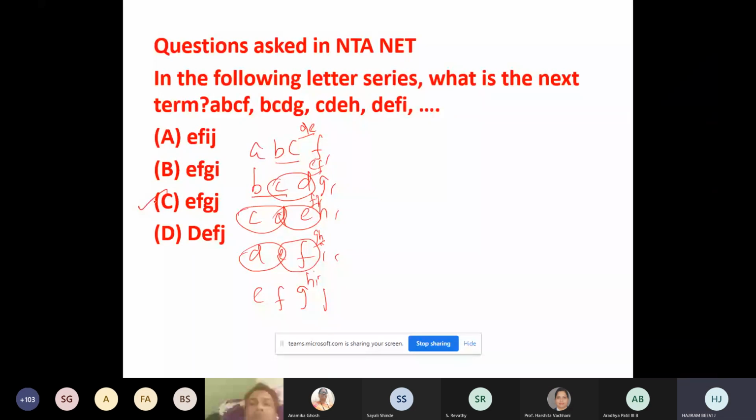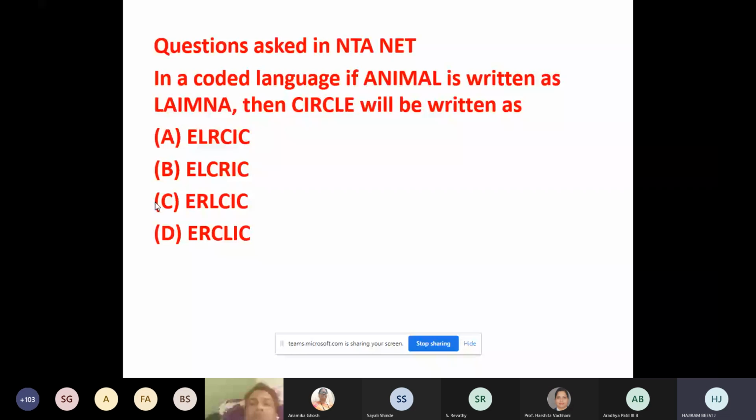So next one: in the coded language, if animal is written as limna, then circle will be written as? Options are ELR, CIC, ELC, RIC, ERL, CIC, ERC, LIC. So here animal is written as limna. See here, the middle two letters are kept as they are.